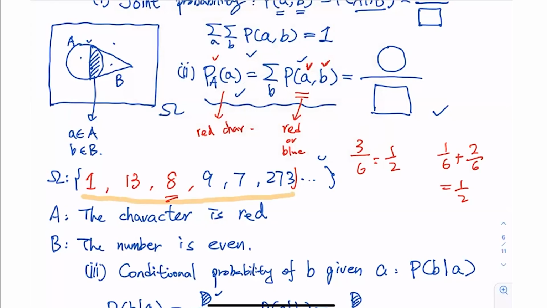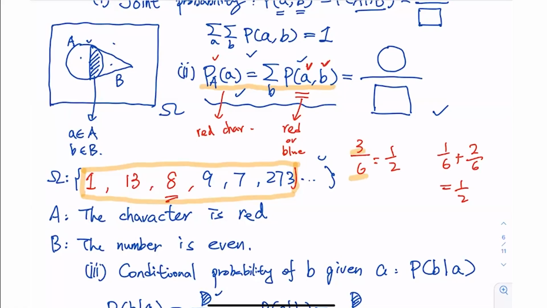What I'm trying to say in this equation is that we are asking for the probability that we get the red character. So what is the probability of getting a red character in this special set? It's quite easy because only 3 characters, 1, 13, and 8, are red. So the event number is basically 3, and the total number of events is 6. So we get 1/2.